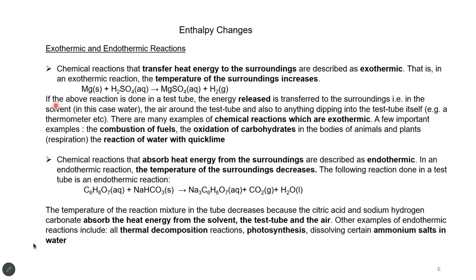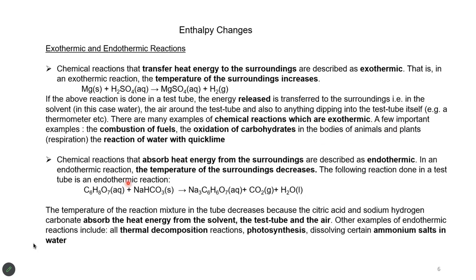If I explain a little more, if the above reaction is done in a test tube, the energy released is transferred to the surroundings. That means the energy is transferred to the solvent, the air in the test tube, and also a thermometer kept in the test tube. This we call the surroundings. There are many other examples of exothermic reactions.